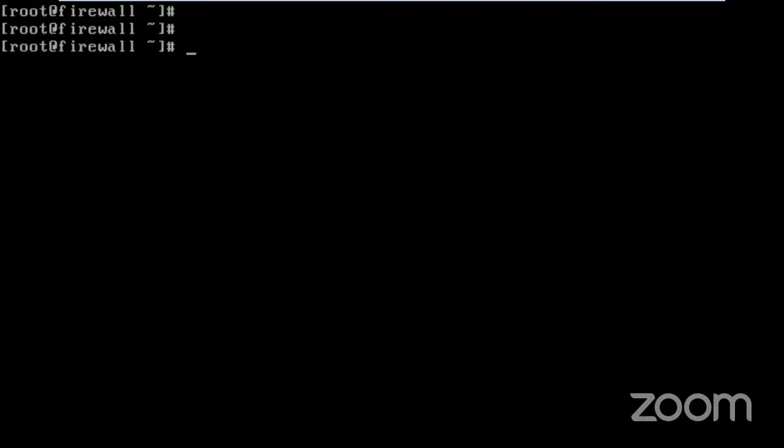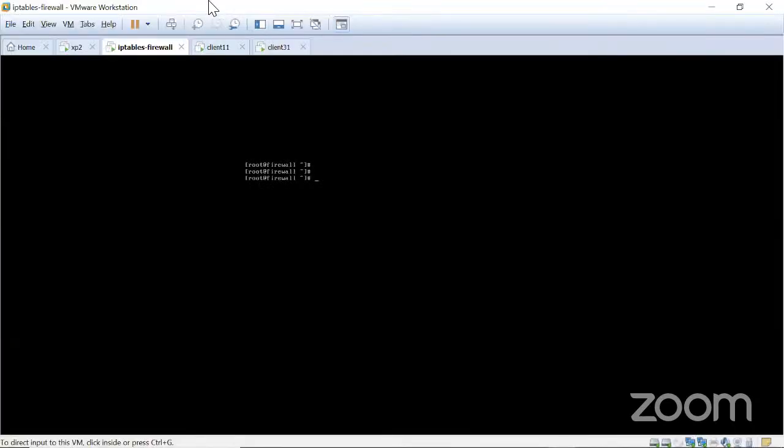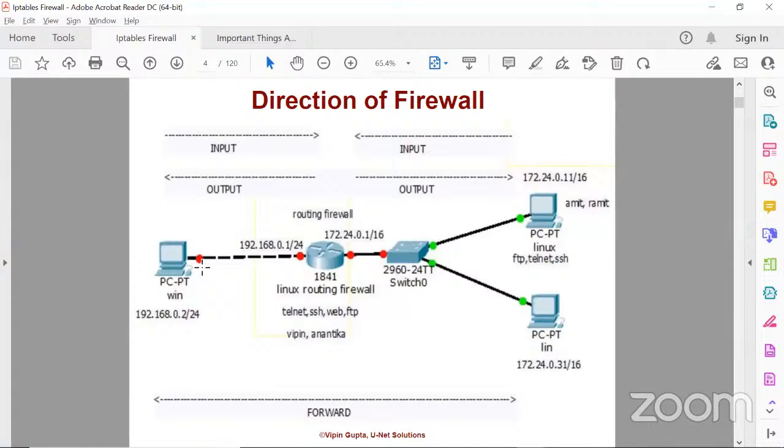Now we are going to do the fifth task, which is also a very controversial type of task, and it is going to test your network knowledge also. Then after this fifth task, one rule I am going to show in the forward direction, and then one example of SNAT and DNAT I am going to give.